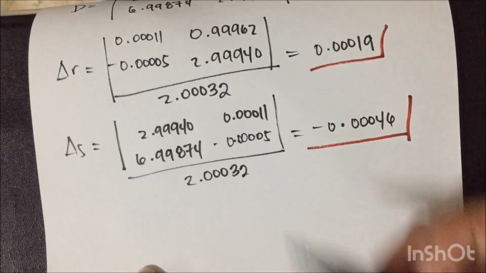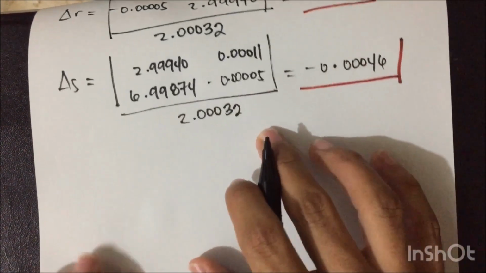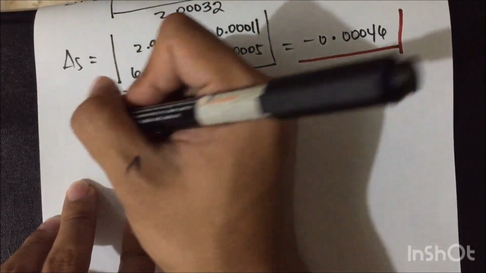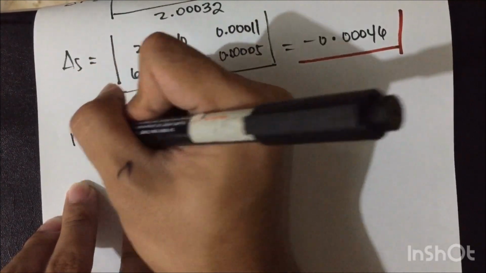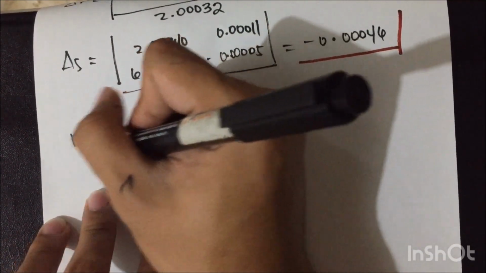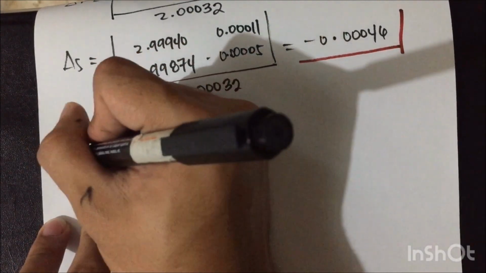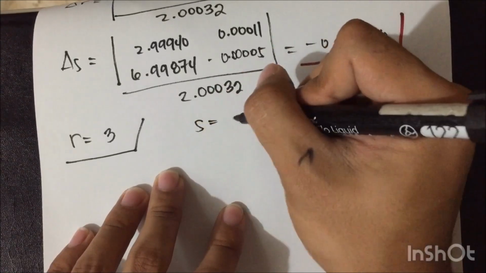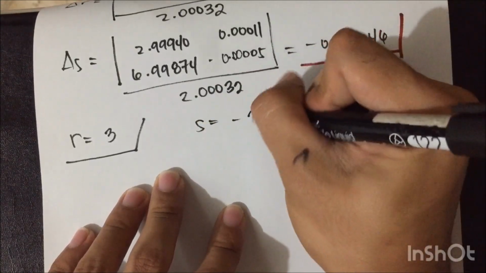So getting the new R and the new S, we have to get the sum of the R old and the delta R for the new R. So we have now the value of 3, and for S, we have the value of negative 2.